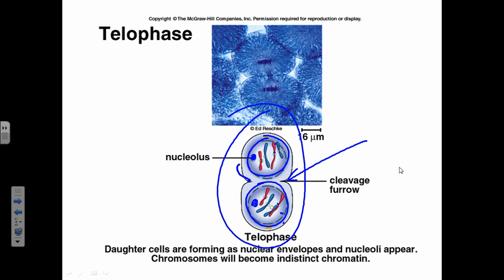And it's kind of obvious why it's called that, right? What does cleave mean? Like you probably have at home a knife called a cleaver. Cleave means to cut. Okay? So it looks like a cut. But that's called the cleavage furrow.